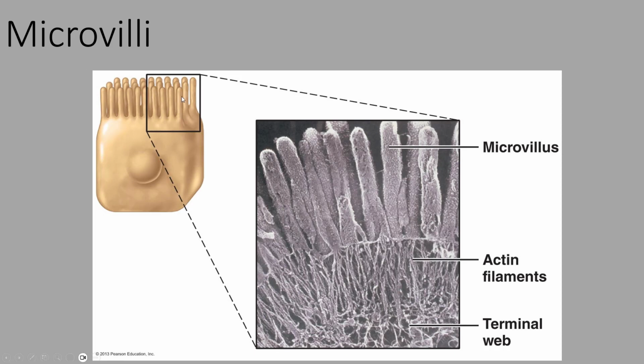Their function is to increase the surface area of the cell. It allows it to reabsorb things, or secrete things, with a very large surface area packed into a very small space. For example, our intestines are lined with microvilli.